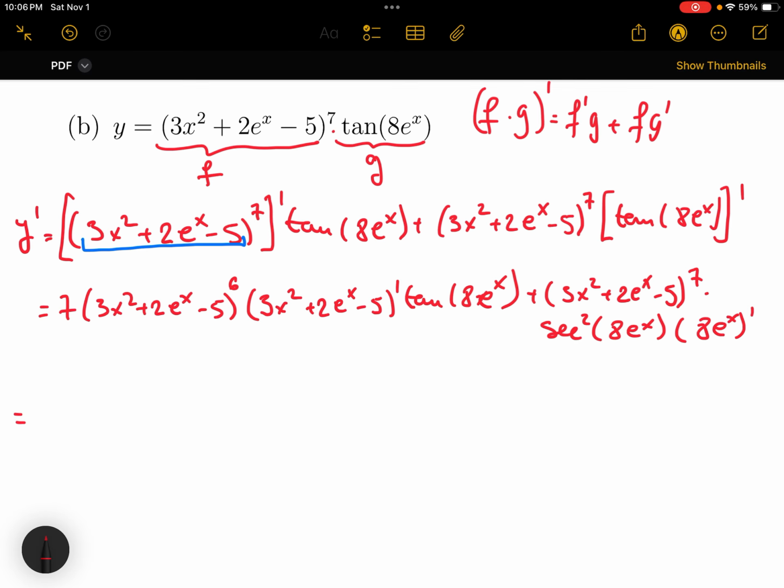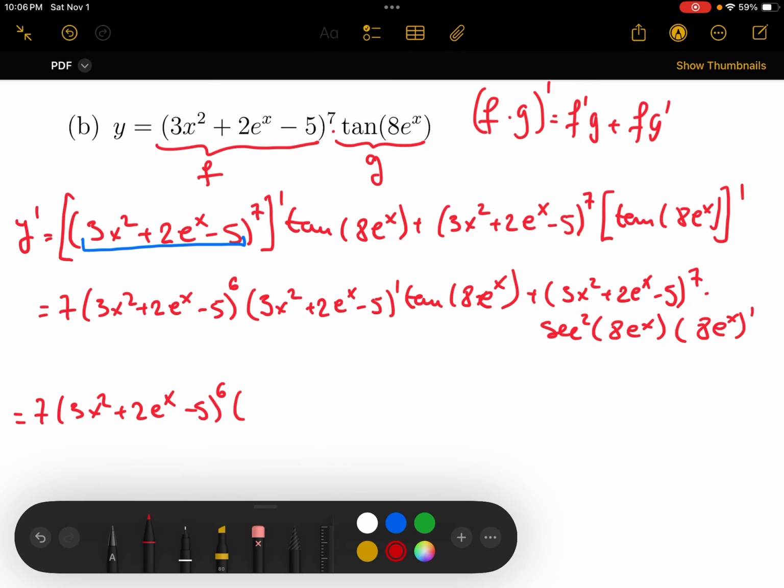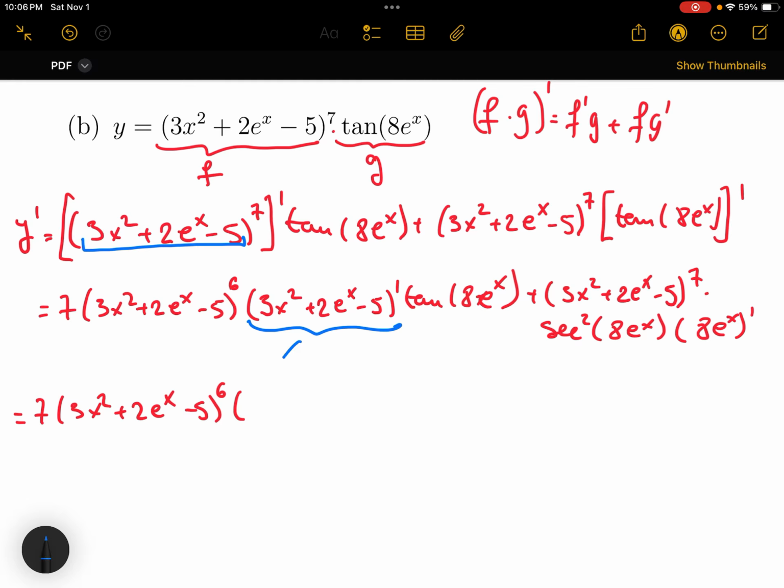And I think we're done with this problem. 7 times 3x squared plus 2 times e to the power of x minus 5 to the power of 6 times the derivative of this function right here.